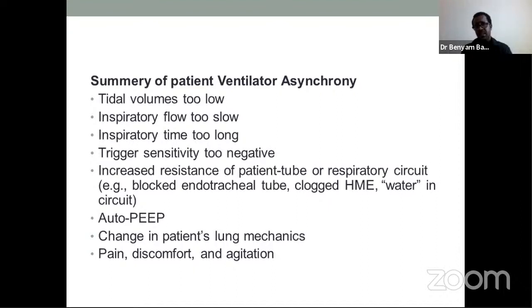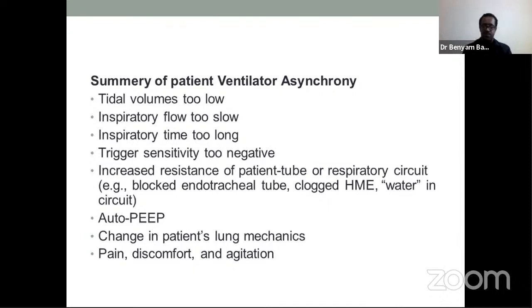If we make the trigger very sensitive, the patient will be starting inspiration before expiration, because we expect inspiration to be followed by expiration. But if you make the sensitivity more positive, then the machine will think, for every slight pressure change, that the patient needs a breath, despite the patient being in the inspiratory time, before expiratory time.